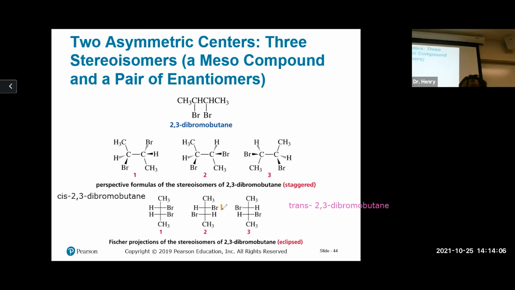We're going to be using S and R. So that's 1, this is 2, this is 3, and the H is 4. And this is 1, this is 2, and this is 3. So we have one going in this direction.